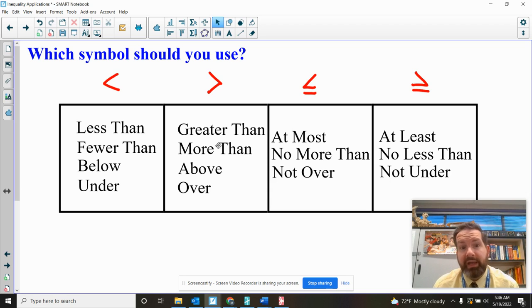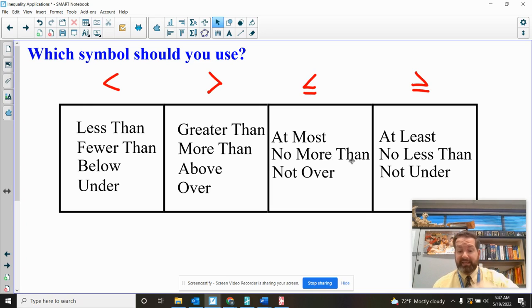When you see greater than, more than, above, over, that's typically a greater than symbol. Now for these other two, at most and no more than. So at most means I can go up to this level, but no higher. So here or below is okay. That's less than or equal.